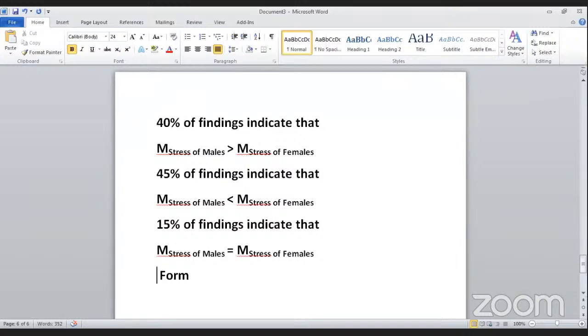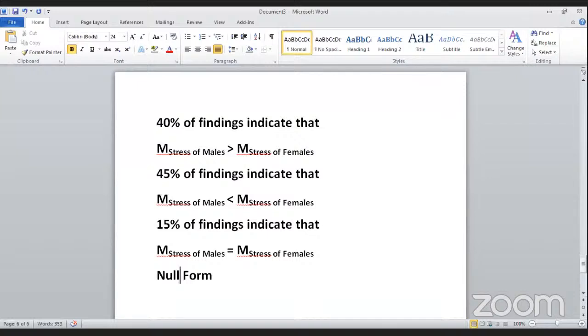Because some of you might be thinking that because 45% is more than 40%, but understand the difference between 40% and 45% is not large enough. So if this is the situation, you have to formulate hypothesis in the null form.